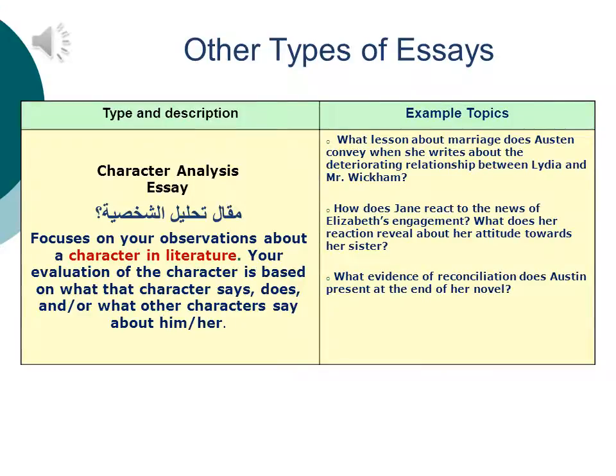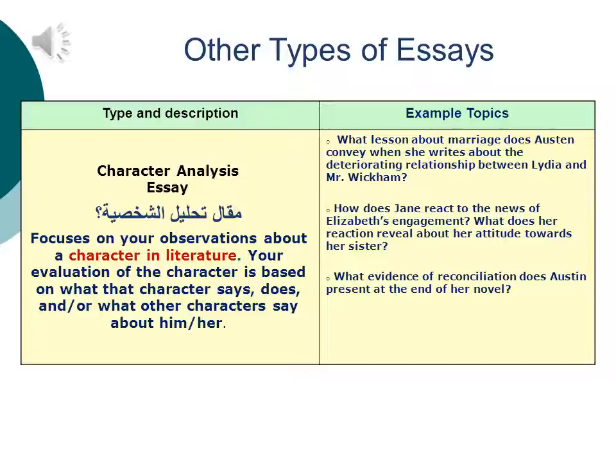Another type of essay is the character analysis essay. This focuses on your observations about a character in literature. Your evaluation of the character is based on what that character says, does, and/or what other characters say about him or her.